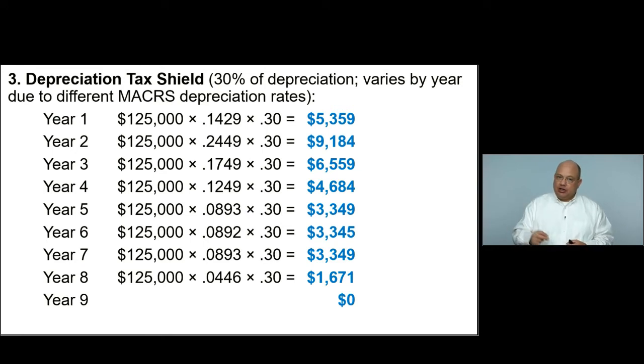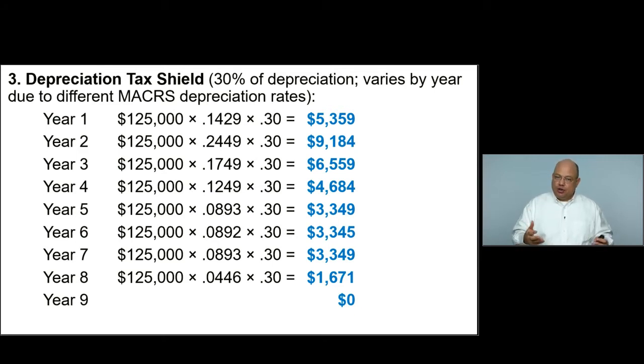And we multiply that by the 30% tax rate. So the tax depreciation shield in year 1 is $5,359. In year 2, $125,000 times 24.49% gives us the tax depreciation expense. We multiply that by 30% and we get $9,184. So over the life of this project, we will have $125,000 of depreciation expense allocated over those first 8 years.